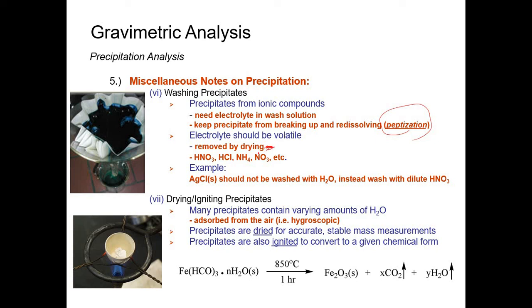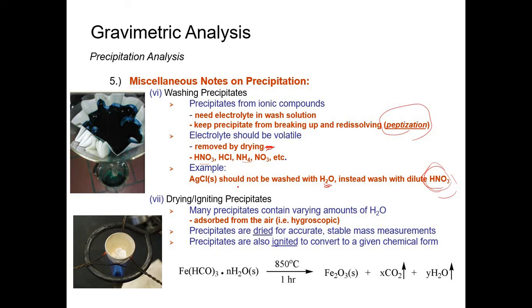So it's good to wash them with, for example, ethanol and methanol, and you also have nitric acid, HCl, ammonium nitrate, etc. Then you have AgCl. It should not be washed with water. Instead, you wash it with HNO3. Okay, so HNO3 is volatile. It's a strong electrolyte. Okay, kay iba strong acid siya, so it's a strong electrolyte.